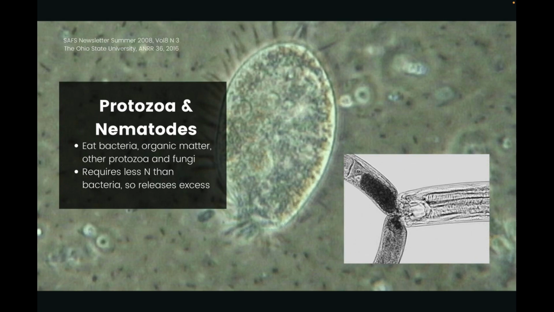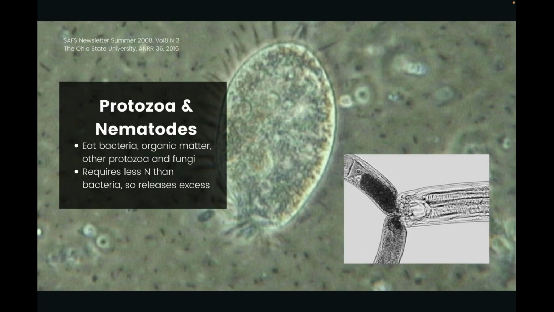So protozoa and nematodes, why they're important is because they eat bacteria, organic matter, other protozoa and fungi, and they release enzymes and important factors that the other components need to produce usable nutrients in the usable source for the plant type. They require less nitrogen than bacteria, so you're actually releasing more nitrogen that's available for the plant.